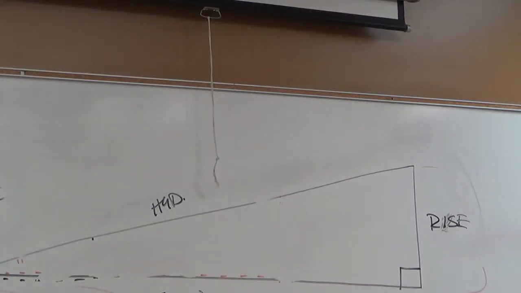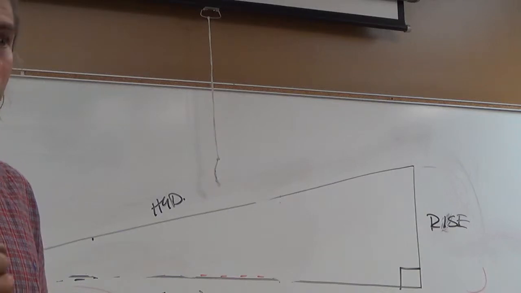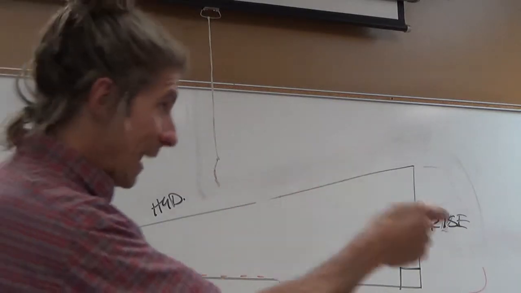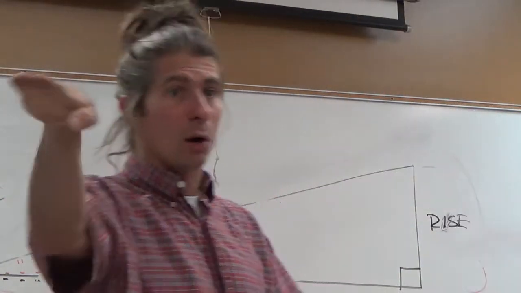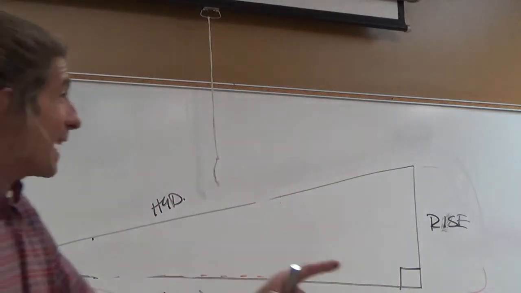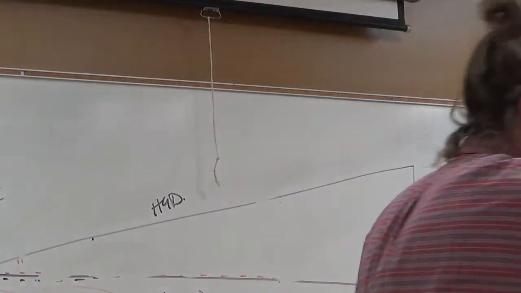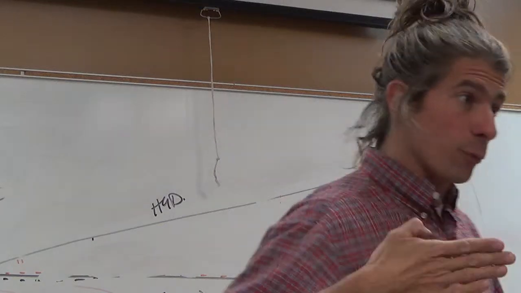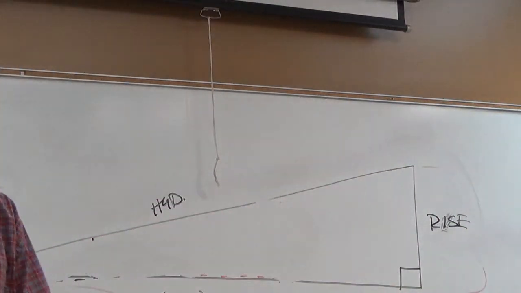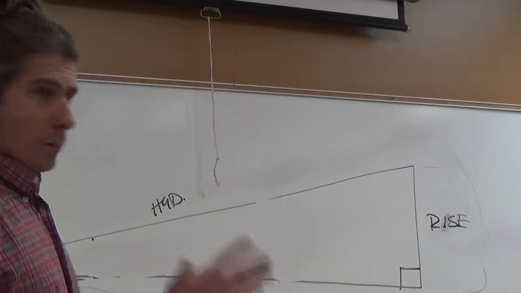Now, the reason I care about this is ADA walkways have to have no more than a certain grade by code. They can't be poured any willy-nilly way. That's why you've sometimes seen ADA walkways spiral around a lot. That's to pick up enough run to make the grade drop down to be accessible. Fair enough?